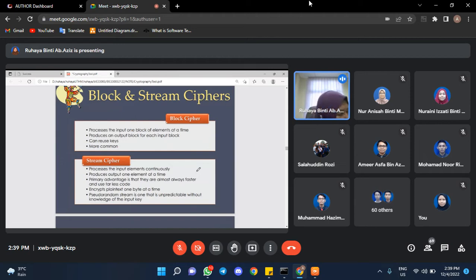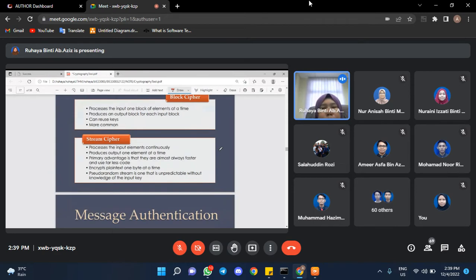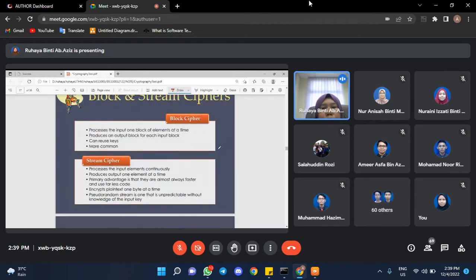If you are going to send a bigger message or file, it is better to use a block cipher.